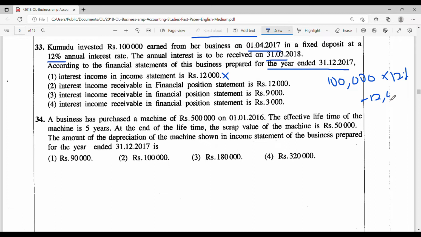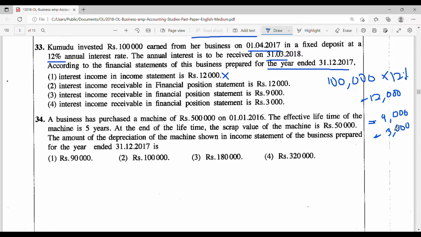So per month it will be 1,000. For 9 months it will be only 9,000. For the balance 3 months, which will be in the next financial year, it will be 3,000. So keep that in mind. So first answer is not the correct answer.